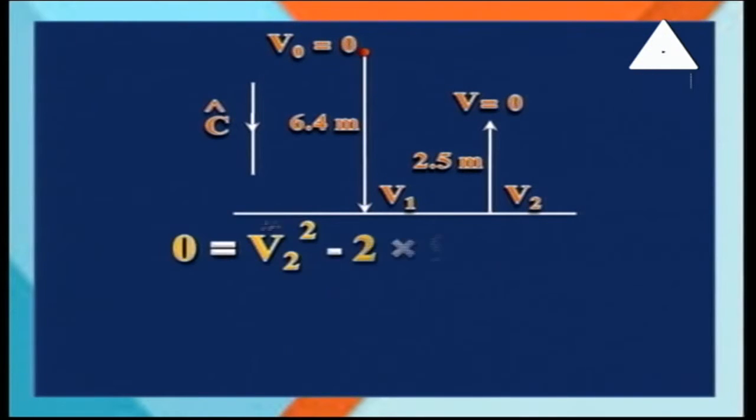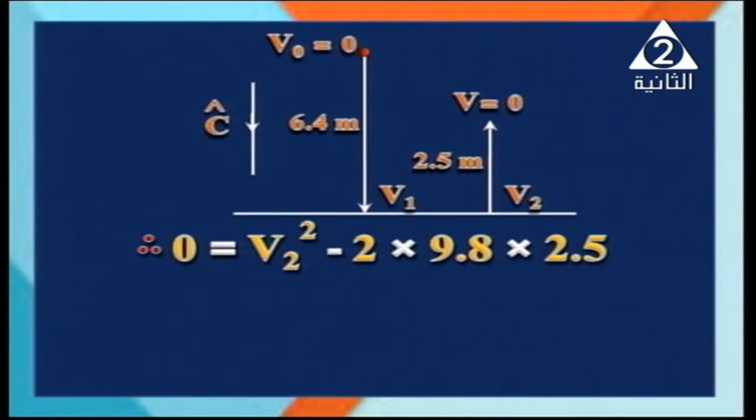Therefore, my dear student, what is the initial velocity, or what is the velocity when the pole moves after impact? This is V2. V final equals 0, S equals 2.5, G equals 9.8.